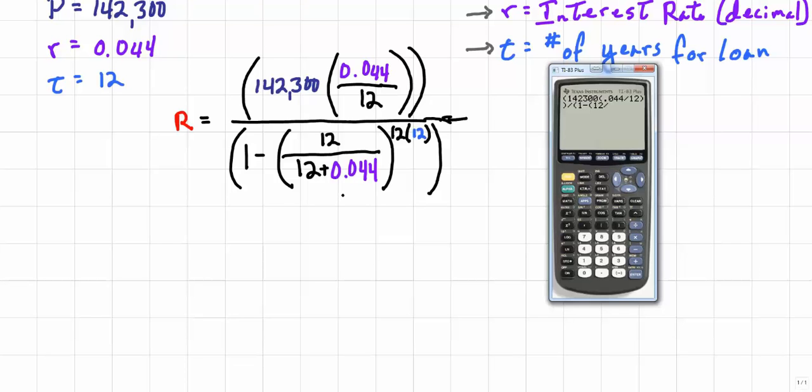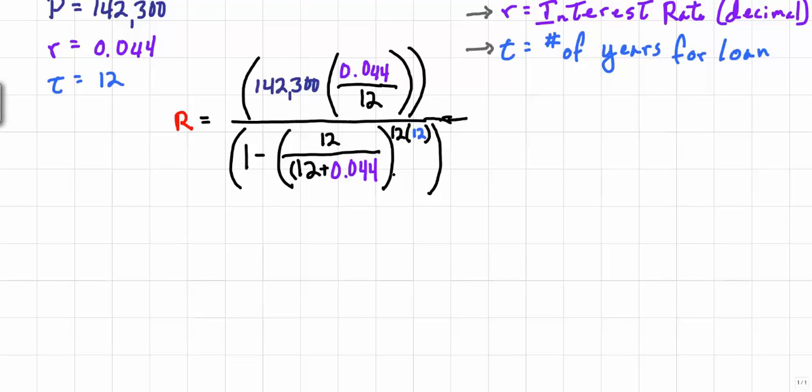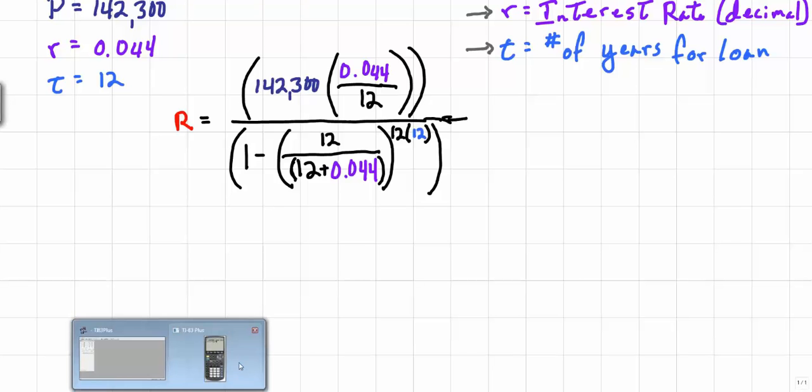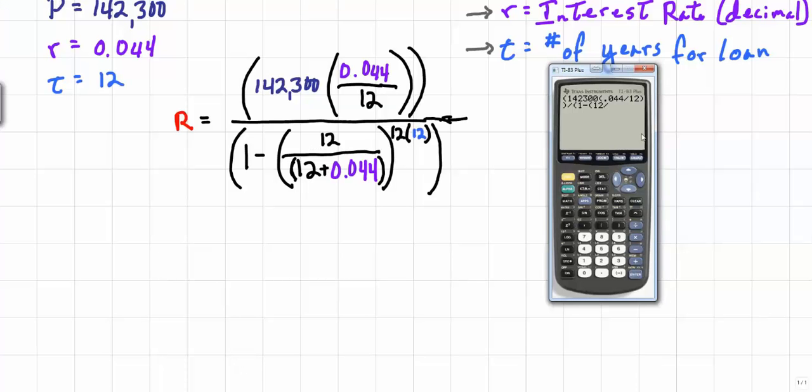Now, one of the things I didn't do was put parentheses right here, and I probably should have, because we need this to be done in the denominator. So open parentheses, and then we will do 12 plus 0.044. I will close the parentheses again, and I will close them again.